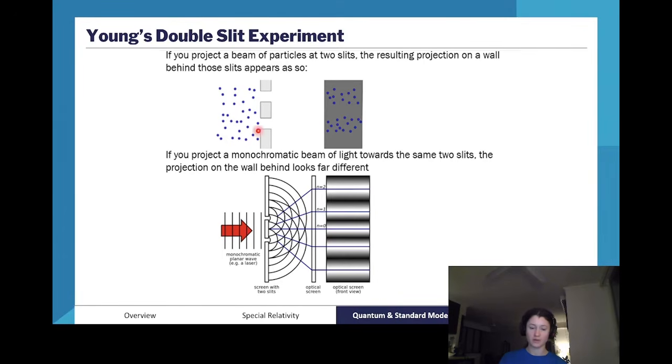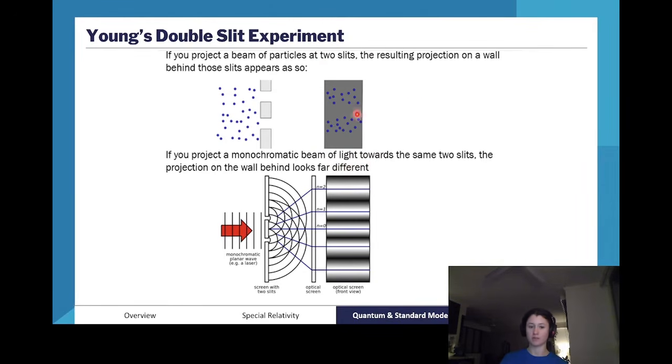So, if light behaved as a particle, what we would expect is these two big blobs of particles behind the slits. It would be like shooting a paintball gun through two big slits, right? You're not going to see paintball splatters over here or over here.